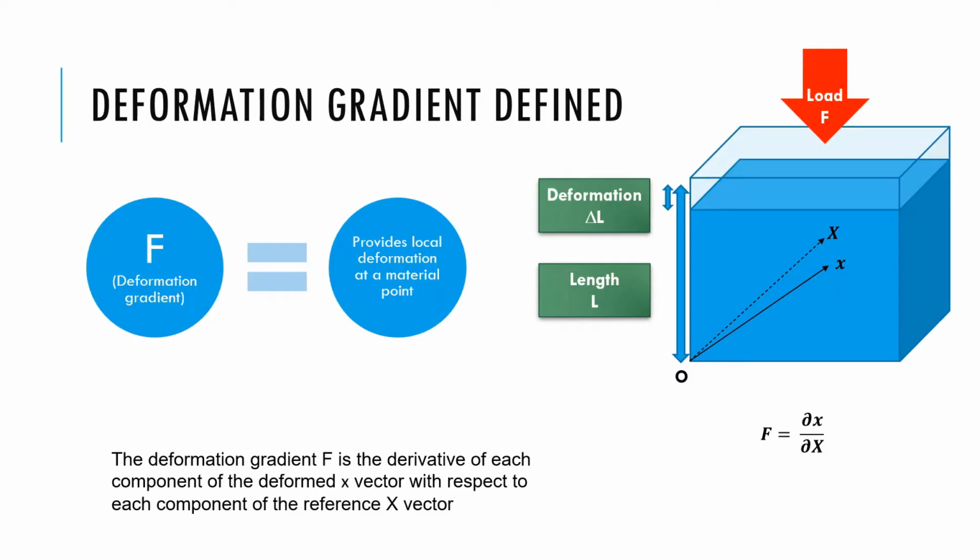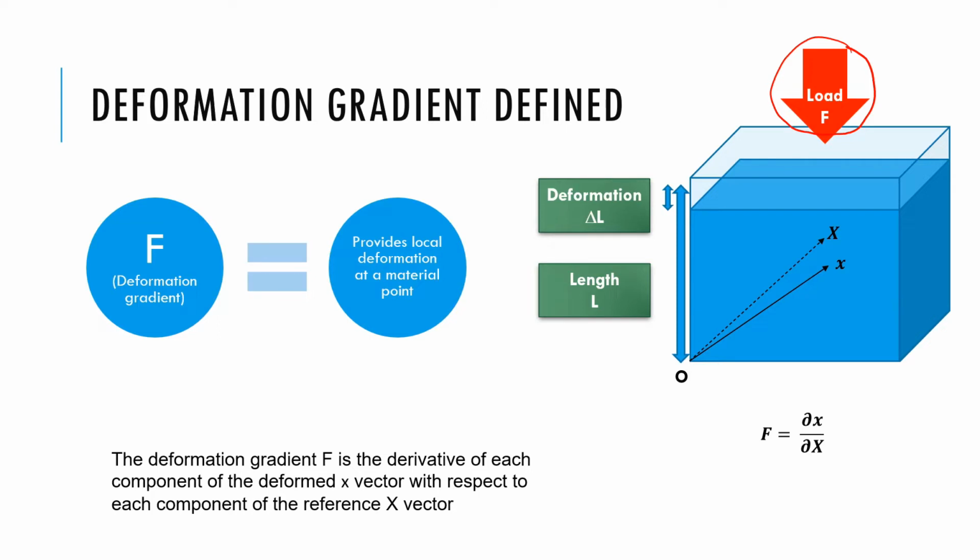So in a complex material or a complex load, the deformation is going to be all over the place. It's going to vary in all kinds of ways. So we need to find a way to keep track of all these deformation.